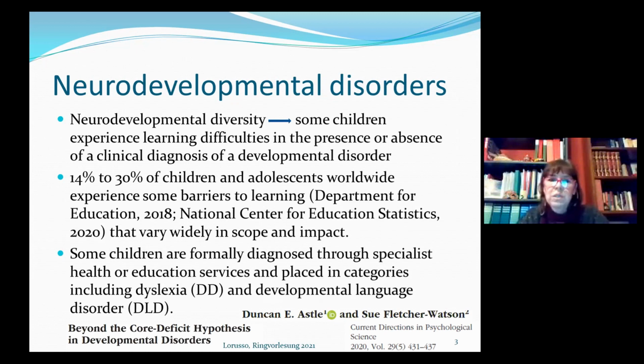And this is due to neurodevelopmental diversity, so to the very heterogeneous manifestations of these disorders, which make it difficult to detect them. 14 to 30% of children and adolescents worldwide experience some barriers to learning. And these problems can vary widely in scope and impact. Some children are formally diagnosed through specialist health or education services, and they are placed in categories. And what we will focus on today is dyslexia and developmental language disorder.